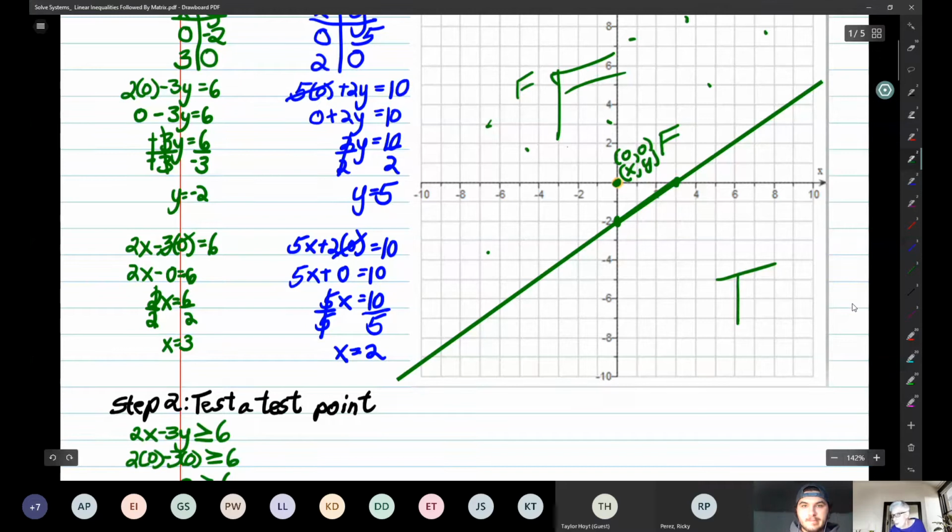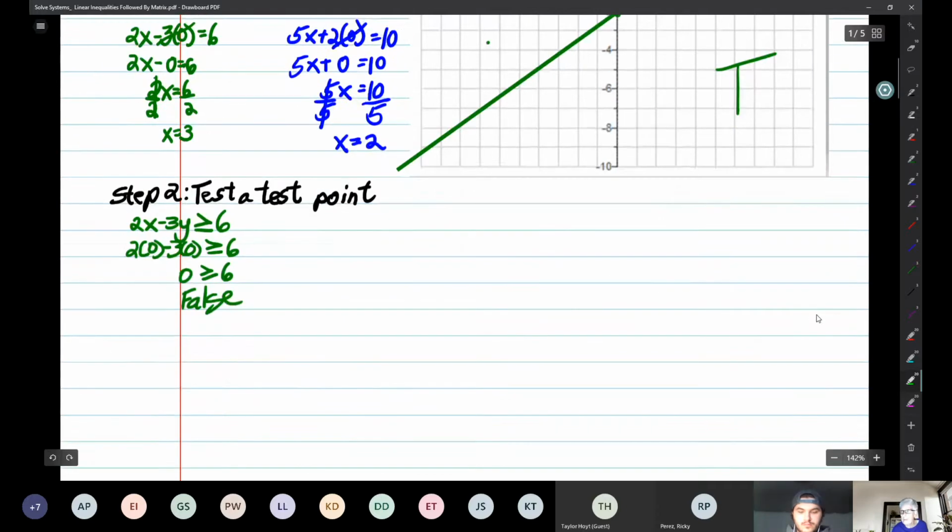And so what I do is I am going to shade on the true side, and that's step 3. So before I shade, let's write that down. Step 3. Shade on the true side of the line.